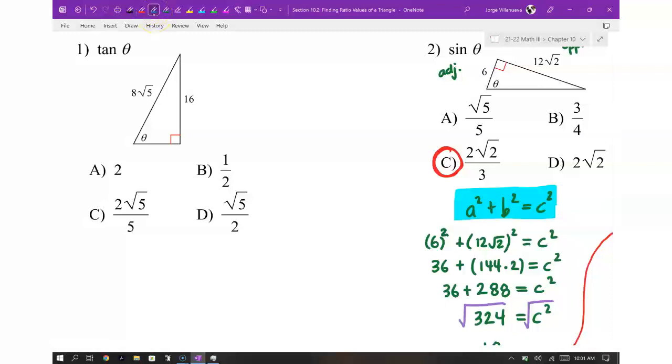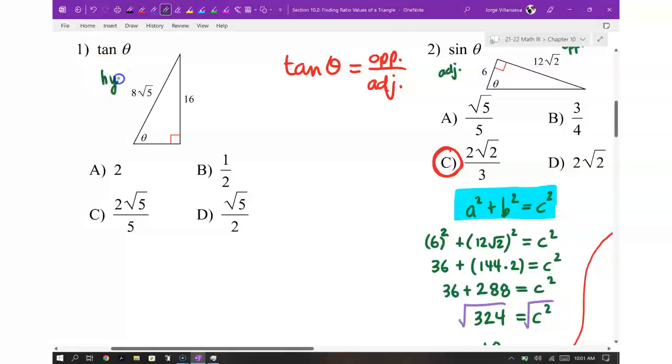So again, I want to label my triangle. First though, let me just write down my definition for tangent. So tangent of theta is opposite over adjacent. Okay? So what is the 8 radical 5? Is that my opposite side, my adjacent side, or my hypotenuse? That's the hypotenuse.